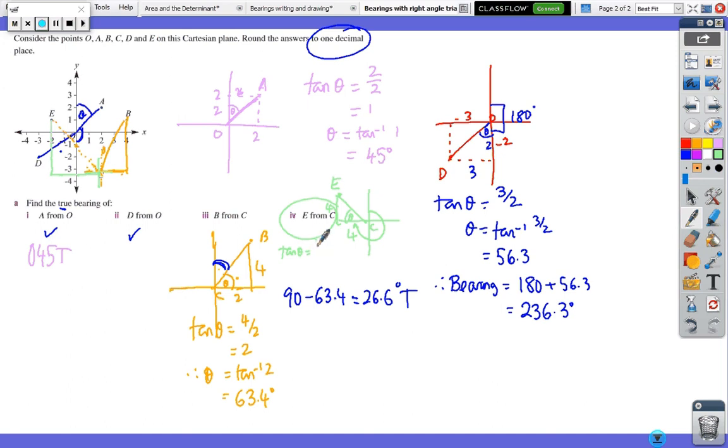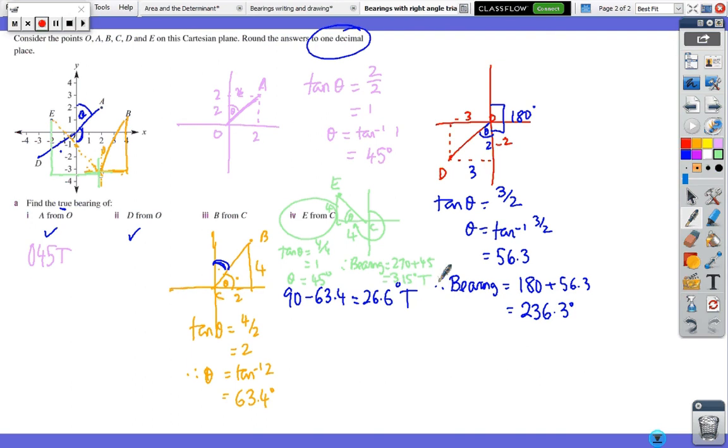So tan theta equals 4 over 4 equals 1. Use your calculator, that gives us 45 degrees. So the bearing will be 270 plus 45, which is 315 degrees.